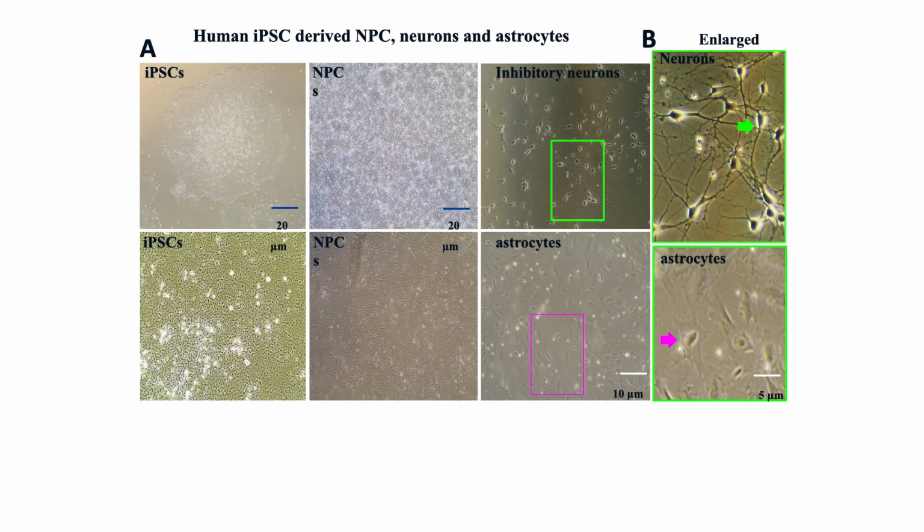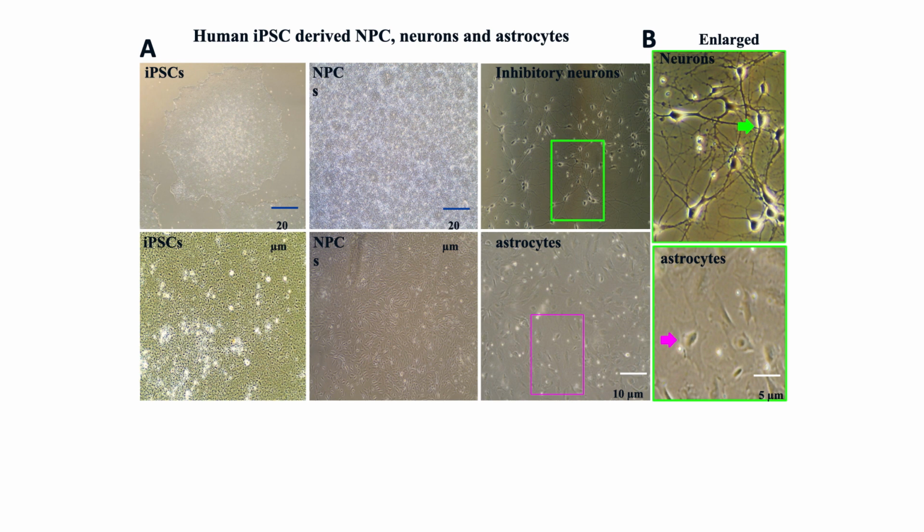We also looked at Maxwell's cells. We use his cells and also a CRISPR-corrected isogenic control. We studied from iPSC to neuroprogenitor cells to inhibitory neurons. I saw this morning a presenter from iCell show very similar morphology to what we have seen here, the inhibitory neurons from Maxwell's cells.